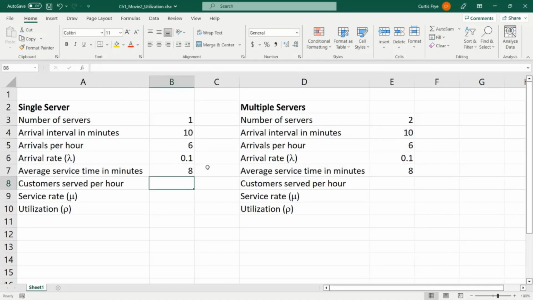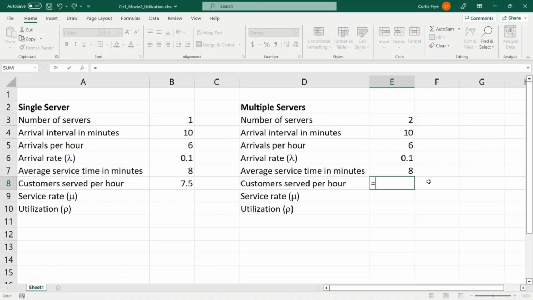And customers served per hour will follow a similar pattern. So in cell B8, I'll type equal, and that will be 60 minutes in an hour, divided by the average service time in minutes. That's in B7, and enter, 7.5. And we'll do the same thing in column E. So in E8, equal 60 divided by E7, 7.5, great.